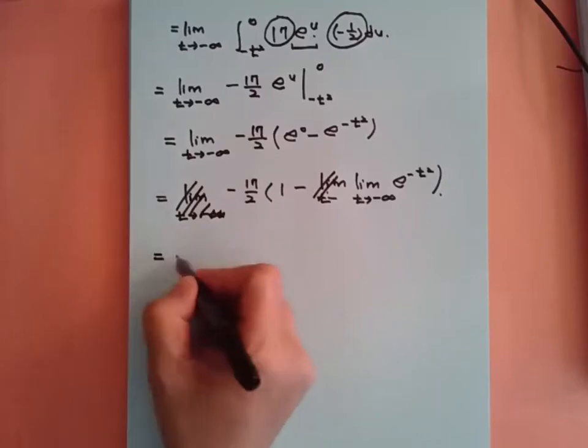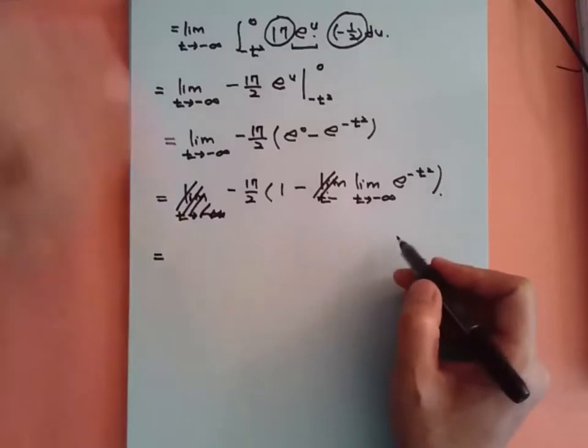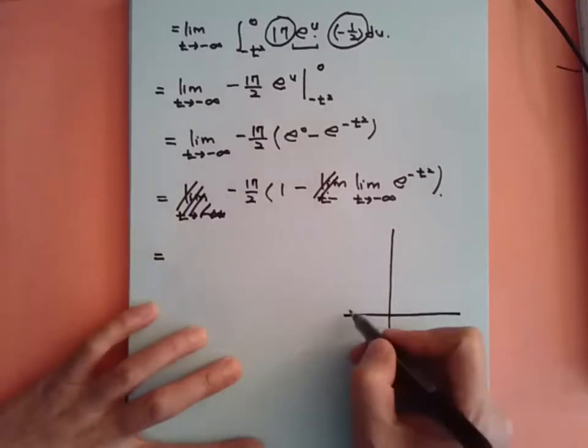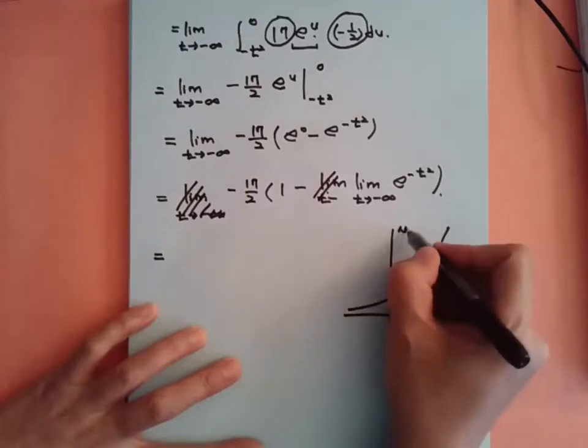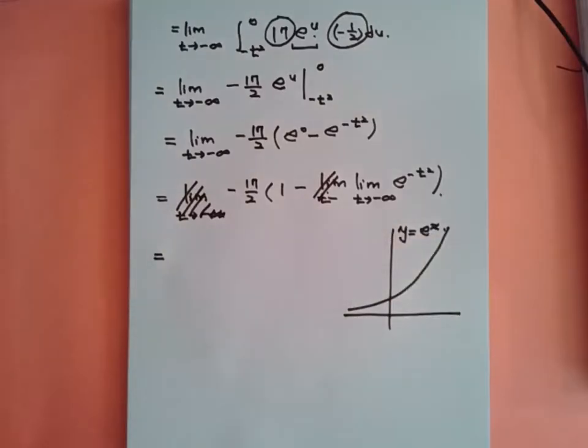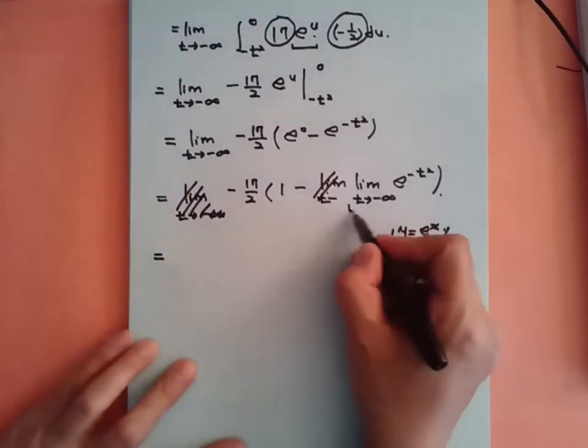What we have to think about is the graph of e to the x. So this is y equals e to the x. And we want to evaluate this.